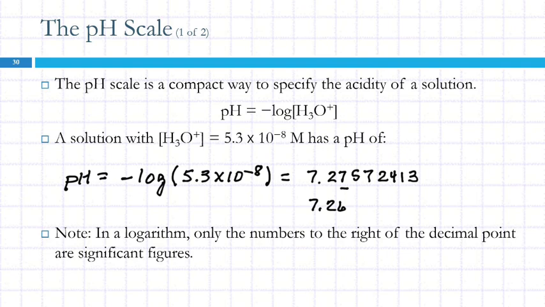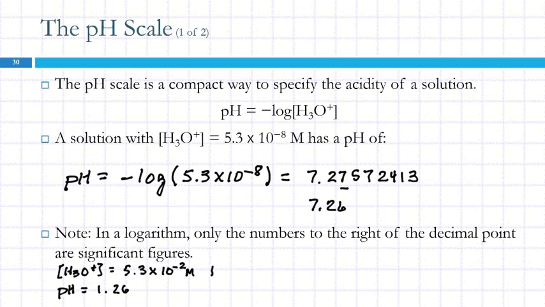So what if we had something that's got an H3O plus concentration that is 5.3 times 10 to the minus 2? Well, that's going to have a pH of 1.26. Yes, I did that in my head.